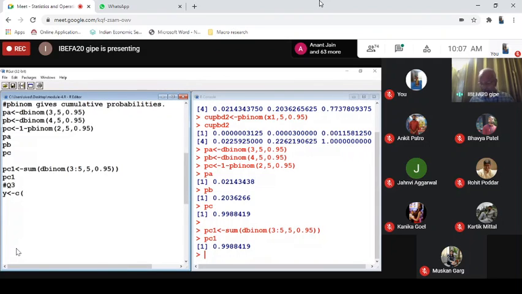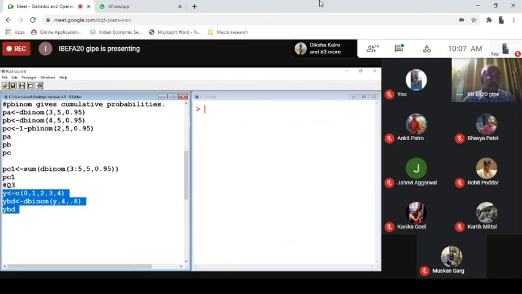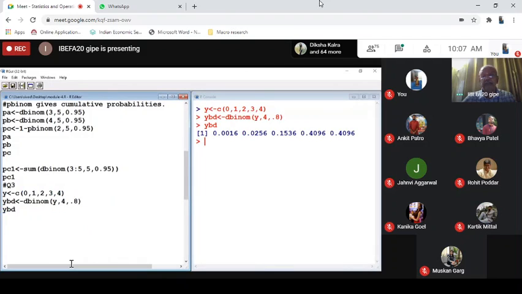So in Q3, I have only 4. I have the binomial distribution probability, this syntax, and I have the probabilities for zero, 1, 2, 3, 4.